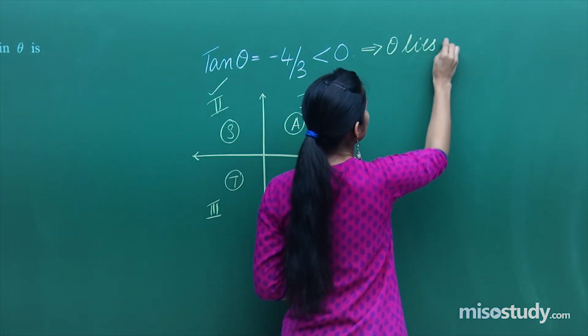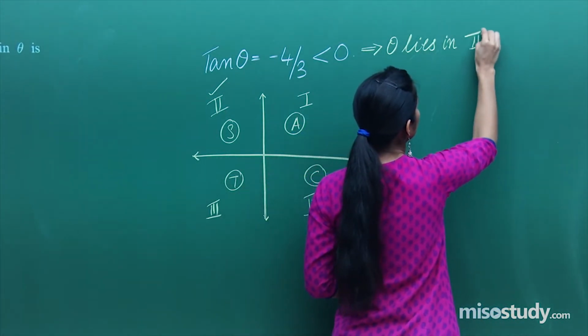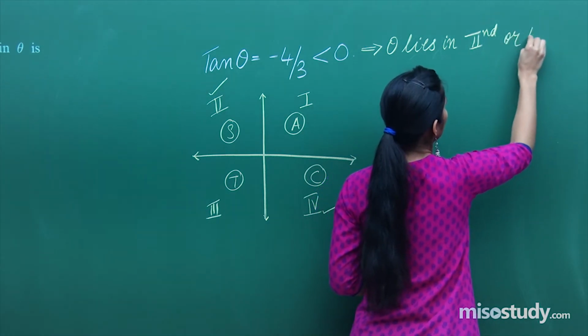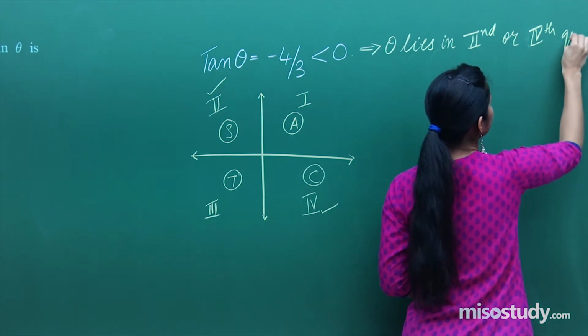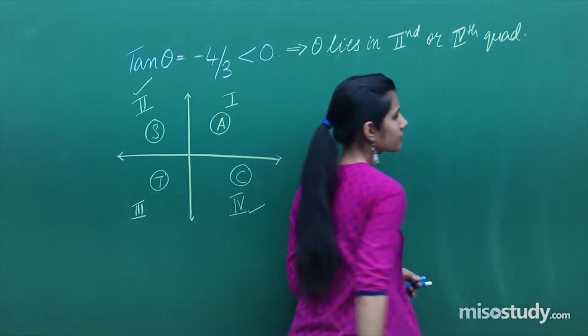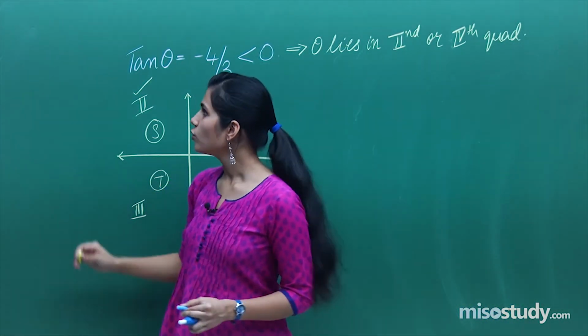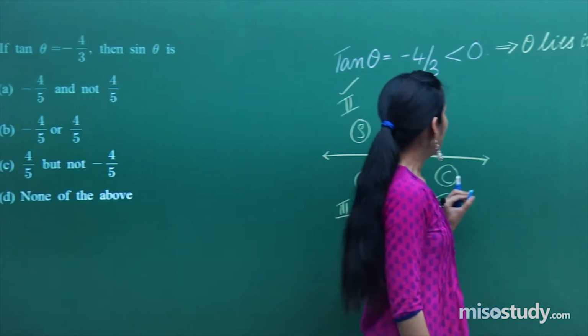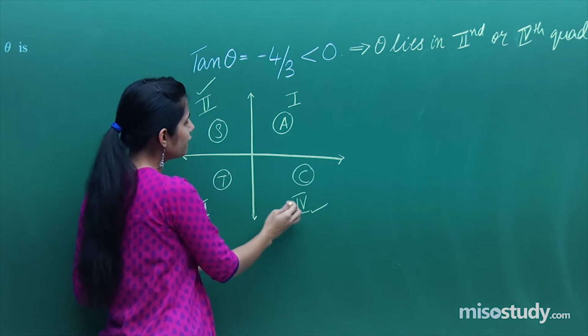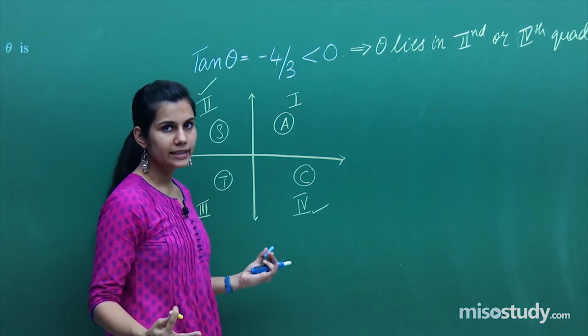Theta lies in second or fourth quadrant. Right? Question is, what about sine theta? Fine? Now see, in the second and fourth quadrant, what is the nature of sine theta?